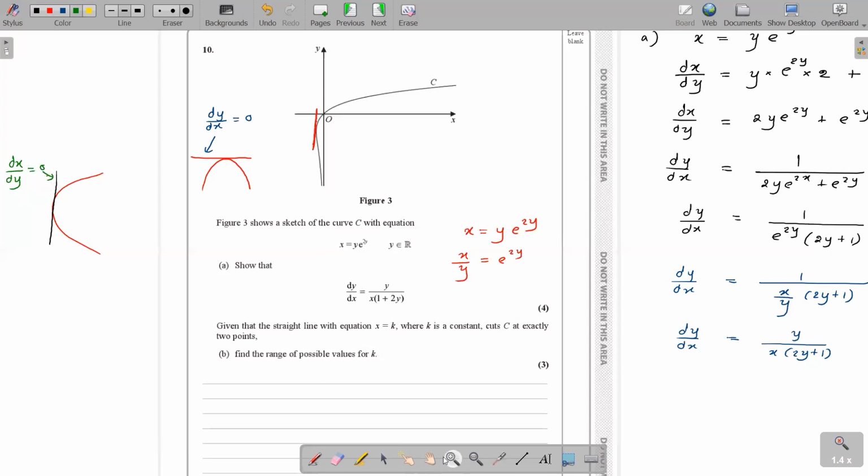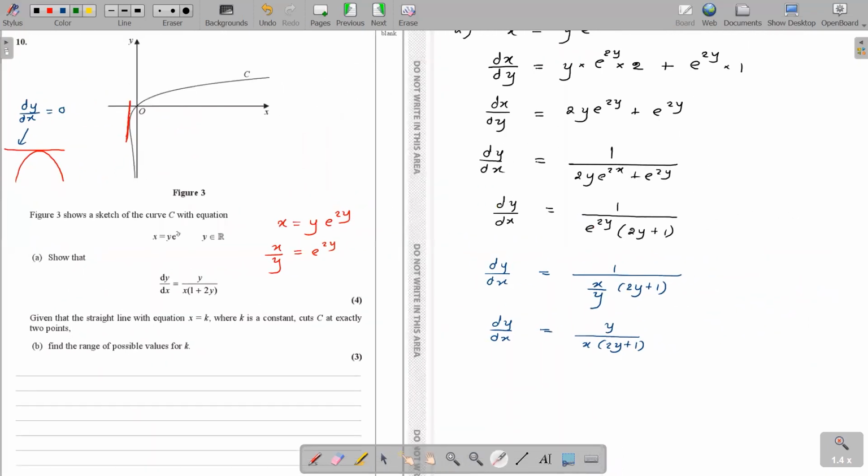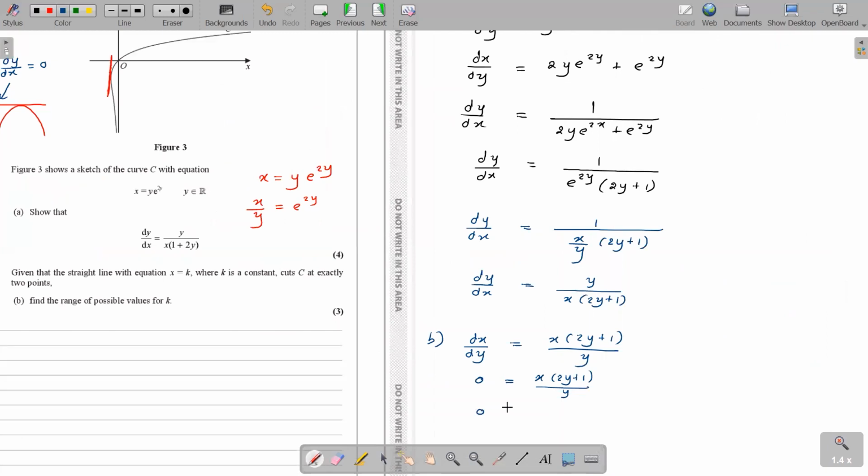Okay, so then I can get this x value here. I need to get the x value. Shall we set dx by dy to 0? So dx by dy will be the reciprocal of what we found, right? So making dx by dy equals 0, what do we find? Taking y to the other side, 0, the x times 2y plus 1.